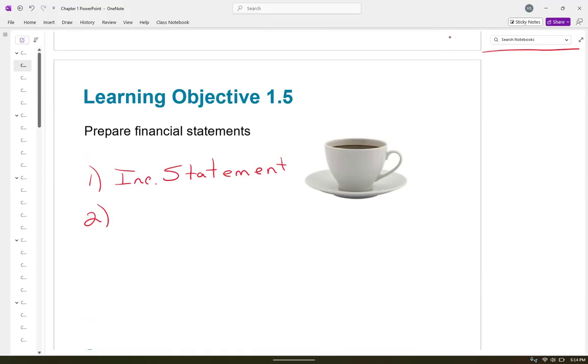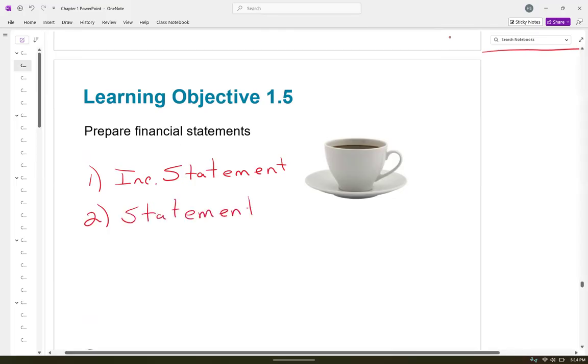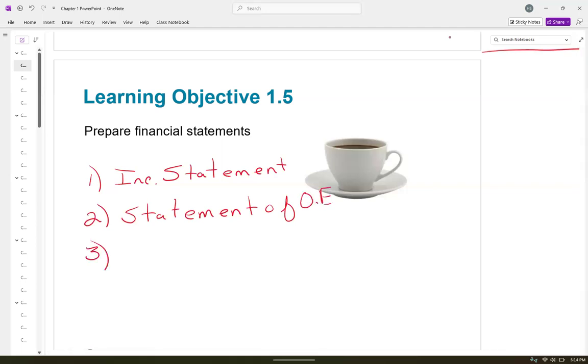So you have the income statement, statement of owner's equity, the balance sheet, and statement of cash flows. Okay, so they have to be done in this order.